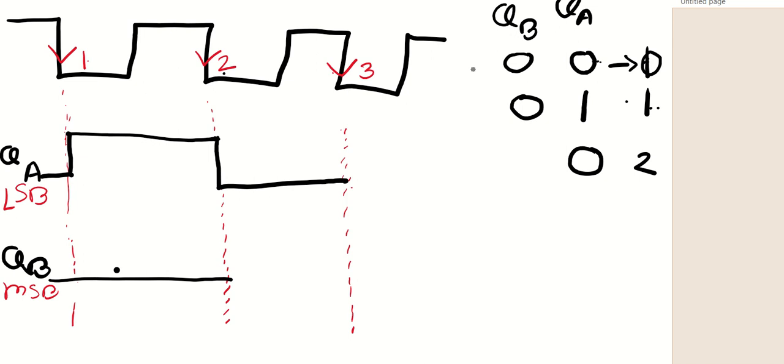Now, what about QB? When will your QB get activated, when will your second flip-flop get activated? For the negative edge of QA. Now, which will be a negative edge of QA?